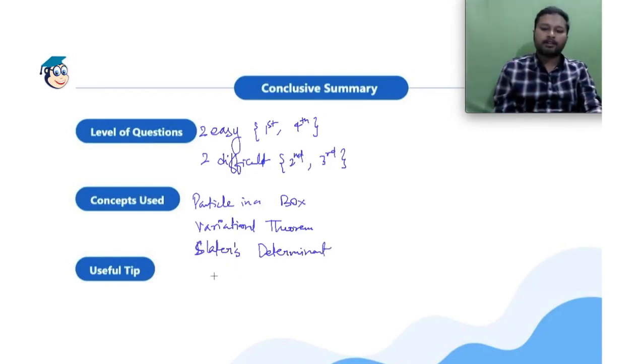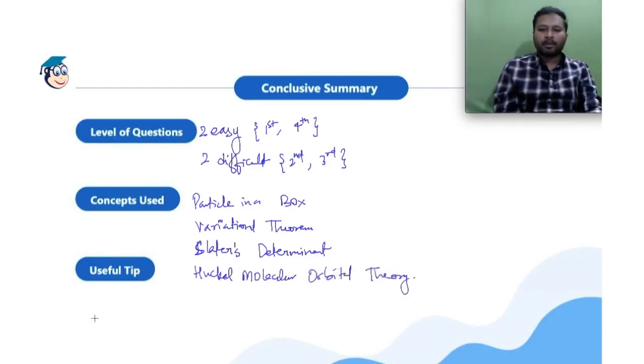And in the last question, they have used Huckel molecular orbital theory. Okay, so these were the concepts which were used in the questions solved.